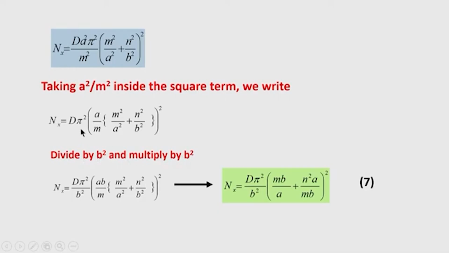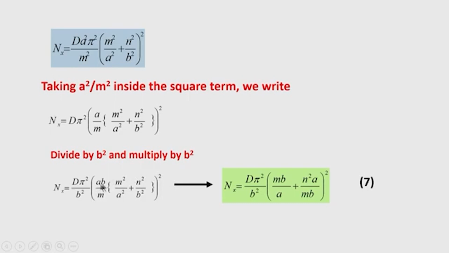So, what is done here? You see D π^2 by b^2, because the division by b^2 has taken place, and then we have multiplied by b^2. When b^2 goes inside the bracket containing the square term, naturally b^2 will be b. So, therefore, we get (a b by m)(m^2 by a^2 plus n^2 by b^2) whole square.